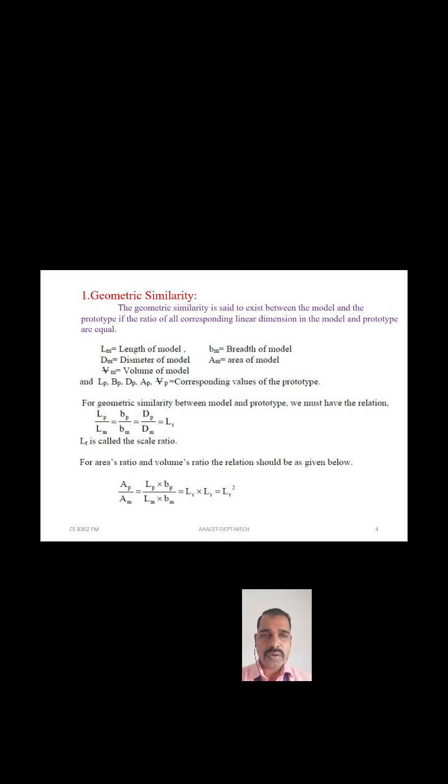Before going into this topic, we should know the basic difference between model and prototype, right? The real structure is called the prototype, and the small scale replica of that real structure is called the model. Either it is in magnified size or small size, compared to the real prototype.